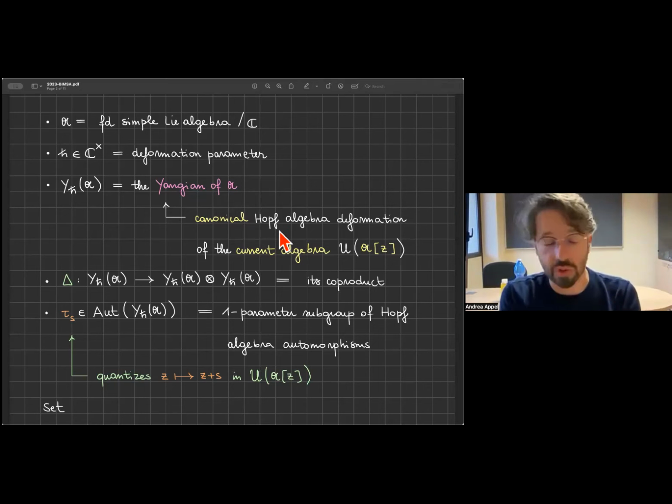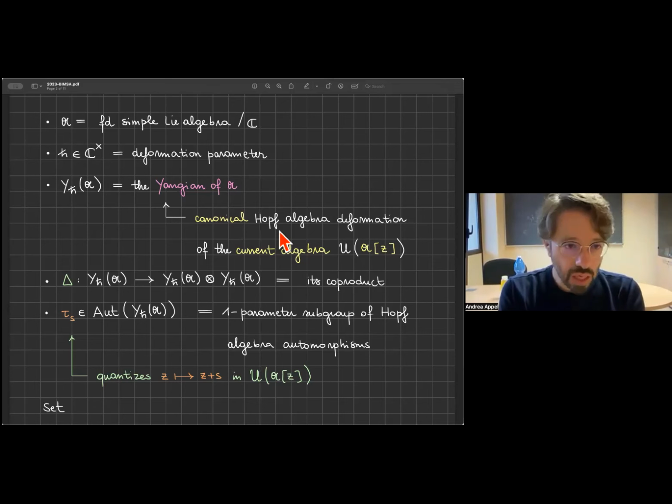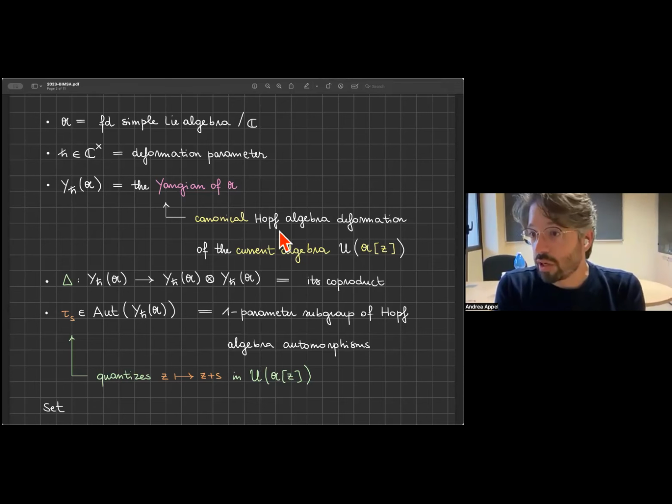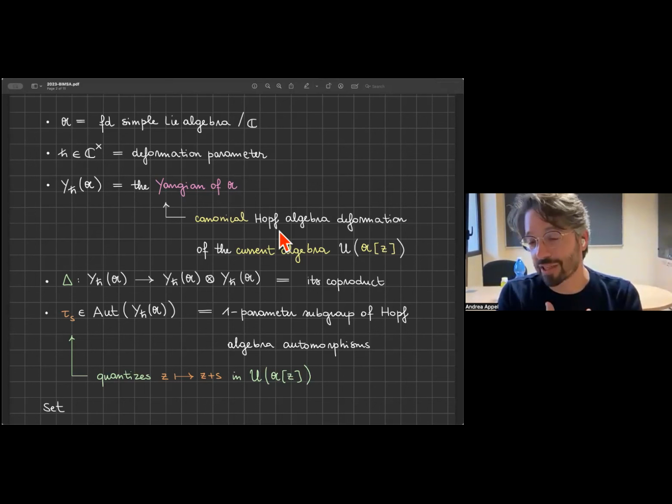By imposing some homogeneity in the structure of the deformation, one can identify and characterize the Yangian of a as a canonical object. And then, as I will mention in a second, this canonical object can be constructed via a presentation.